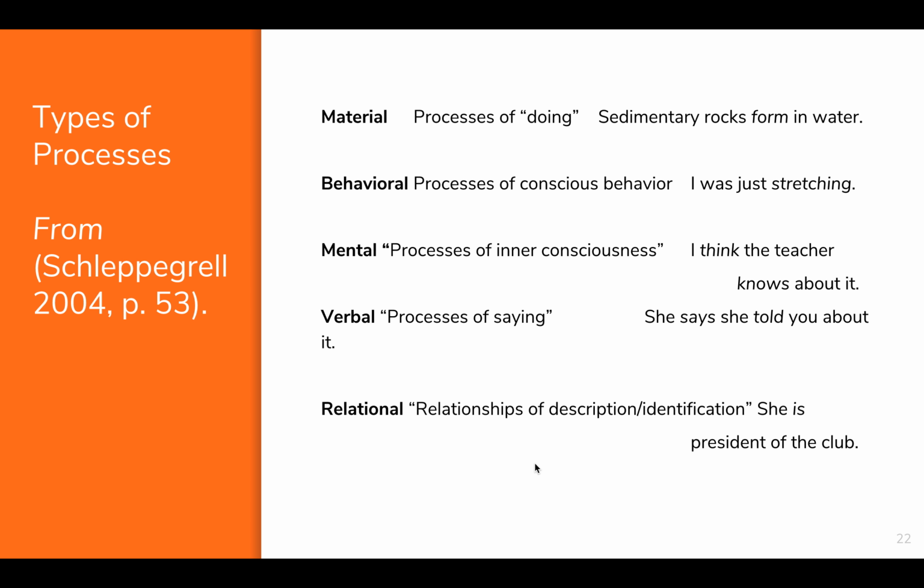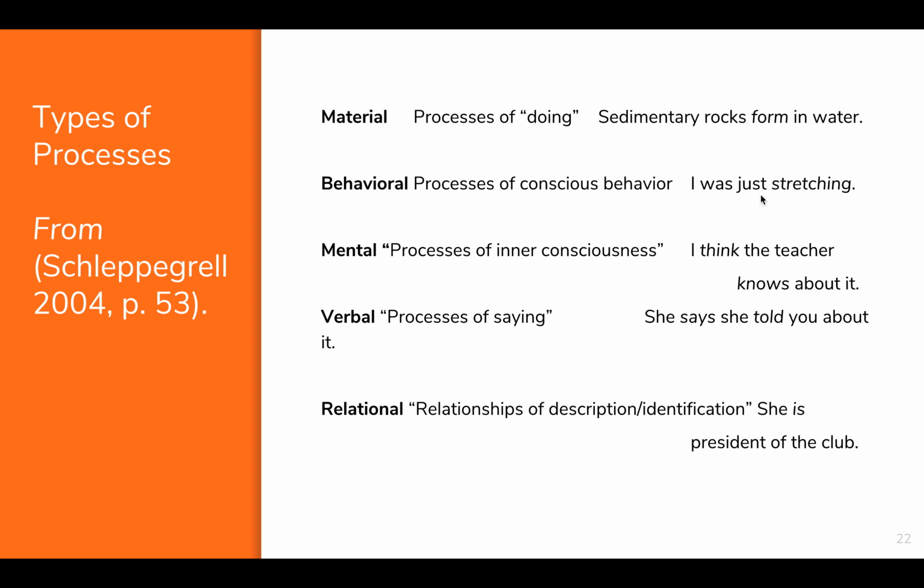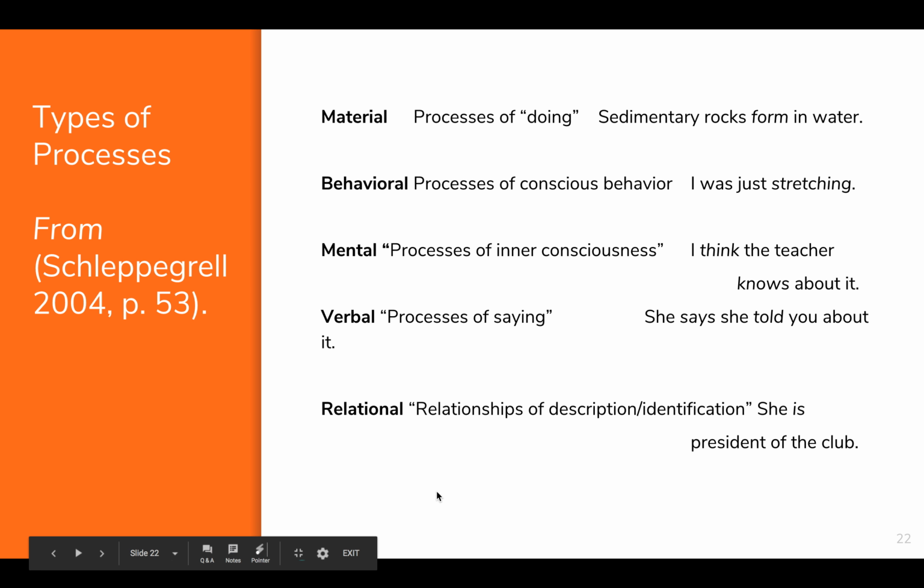Here are the different types of processes or verbs. There are material processes of doing, such as sedimentary rocks form in water. Behavioral processes look at conscious behaviors, like I was just stretching. Mental processes relate to kind of inner processes of consciousness, like I think the teacher knows about it.